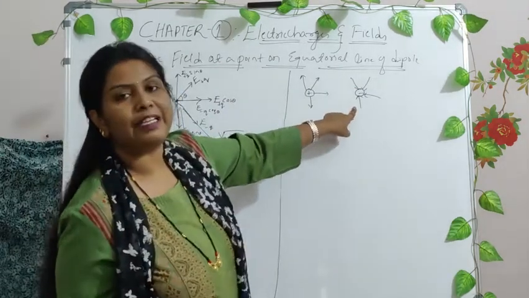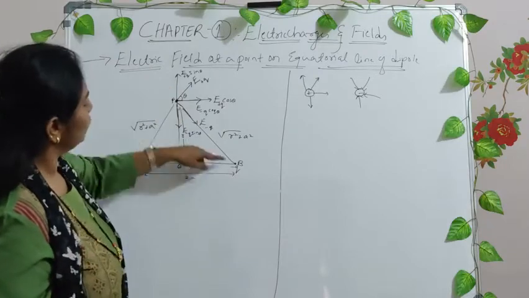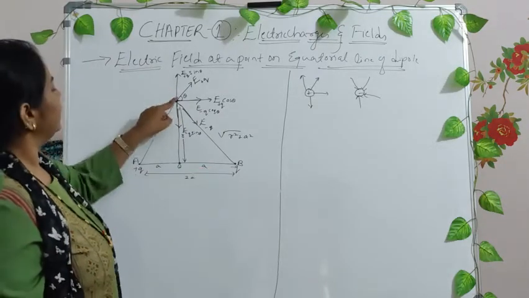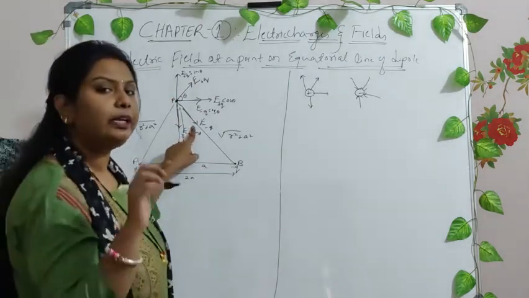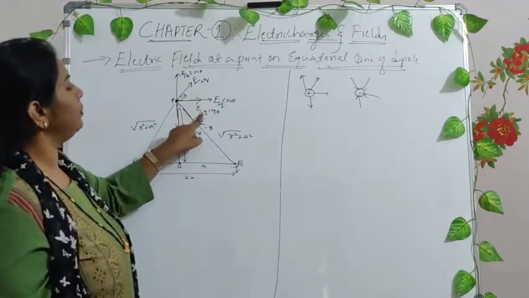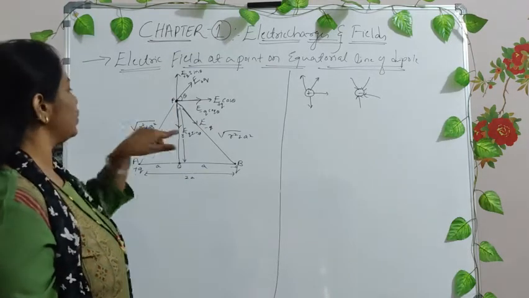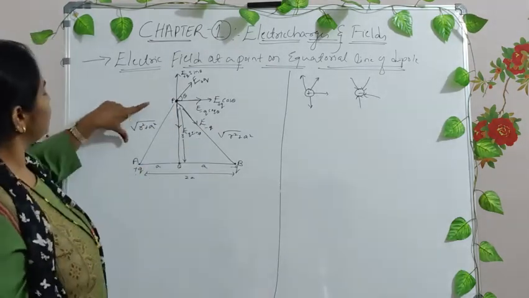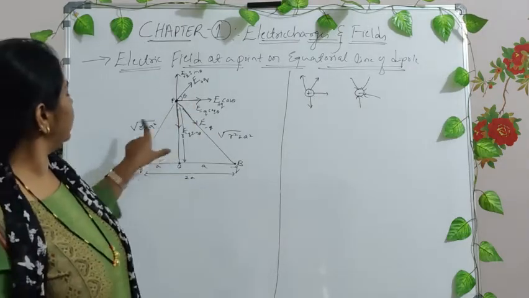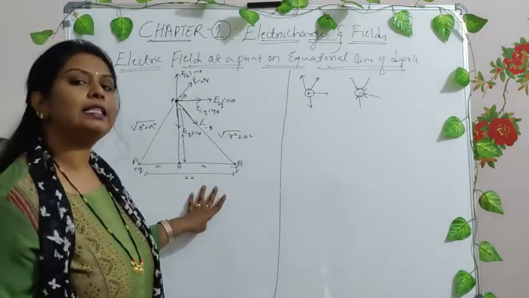Because the electric field lines are towards the negative charge, and hence the field will be towards this particular B, right? And this is again split into two components: the horizontal component E minus Q cos theta, and the vertical component E minus Q sin theta, right? And the distances AP and PB remain the same, root of r square plus a square. Up to this point it is clear, right?